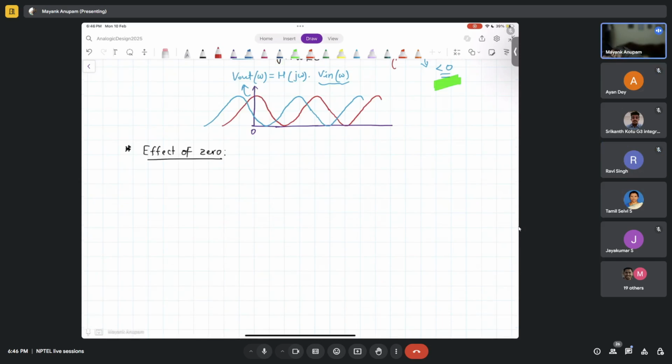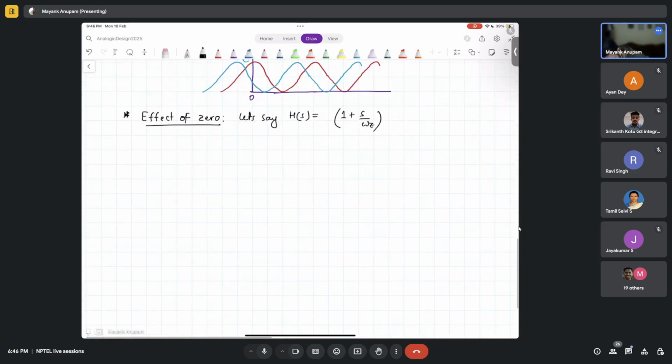So what does a zero look like? Let's say H of s is 1 plus s by omega z. Then what will be H of j omega?